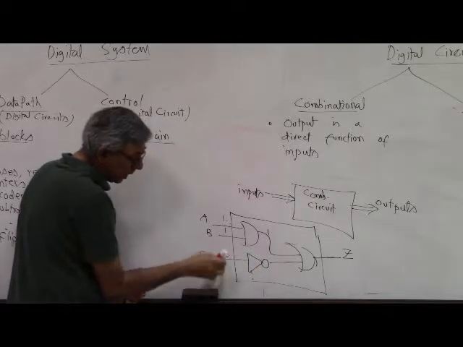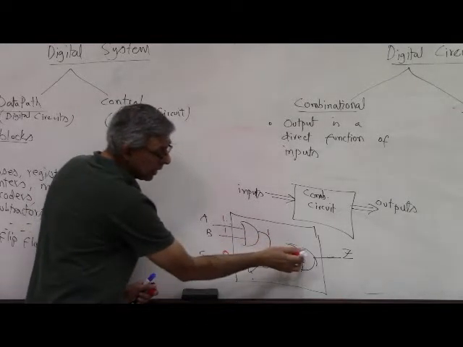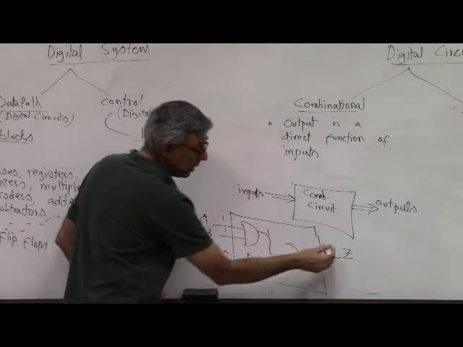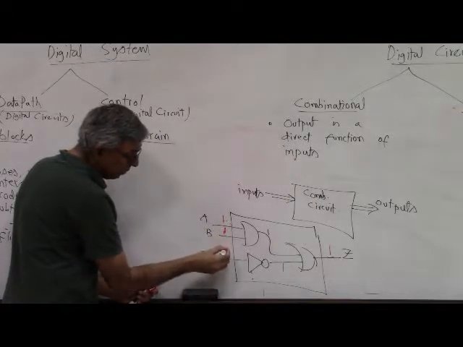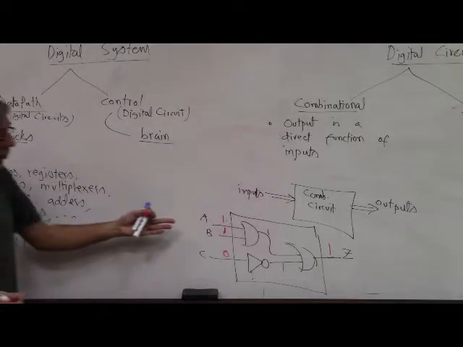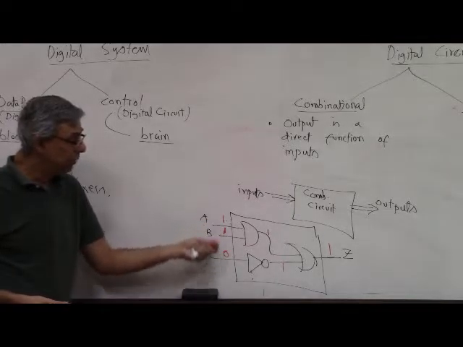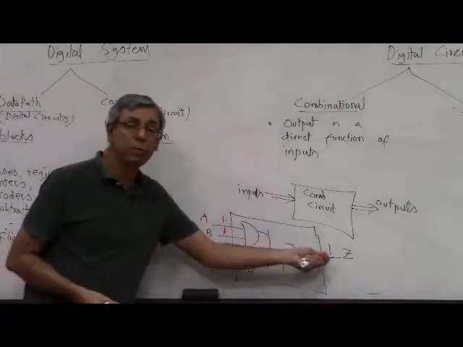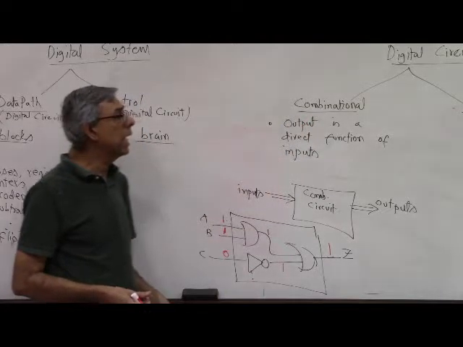The way an inverter works is if you feed it a 0, it produces a 1. Then this is an OR gate. OR of 1 and 1 is 1. So based on inputs of 1, 1 and 0, what will be the output? 1. Very easy. You can see output directly depends on the inputs. If I change one of the inputs, the output may change, right? That's what we call a combinational circuit.